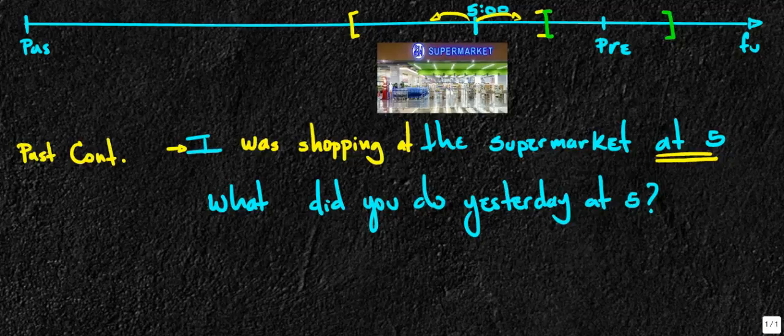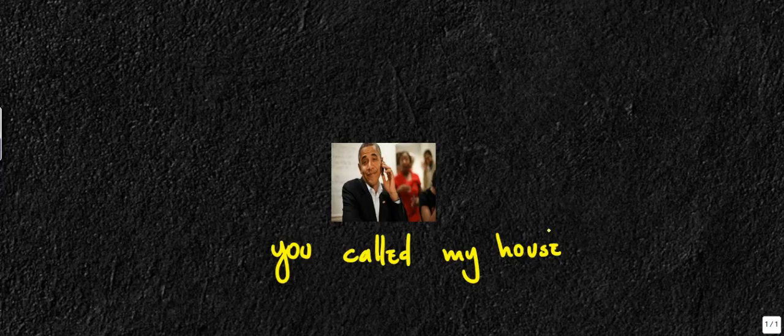All right? Let's think of a different example. Let's say that yesterday you called my house. Okay? And I use call in simple past because this is a specific action that happened inside the time that I mentioned, which in this case was yesterday. But let's say that before you called my house and after you called my house, I was sleeping.